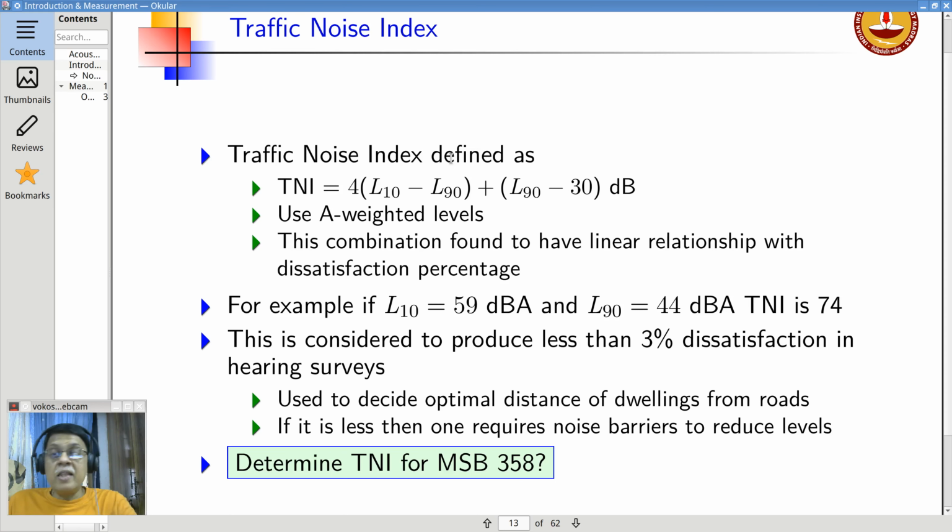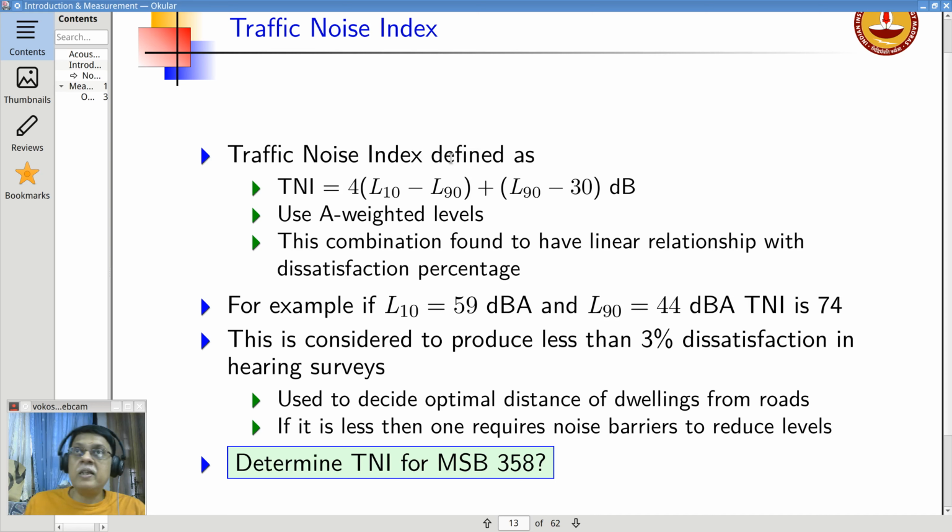Last year, when it was without the pandemic, we had a small mini thing to do for MSB 358. But you can look at your own house, maybe sit outside and see what kind of TNI you get. You'll ask, where do I get a sound level meter?